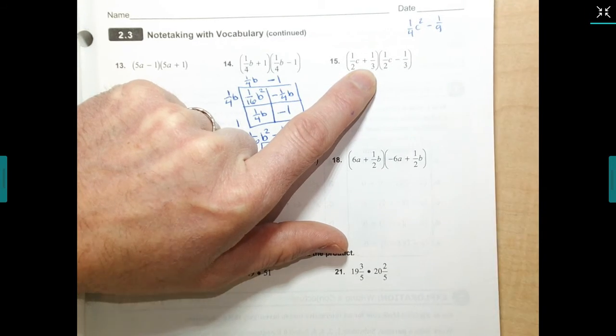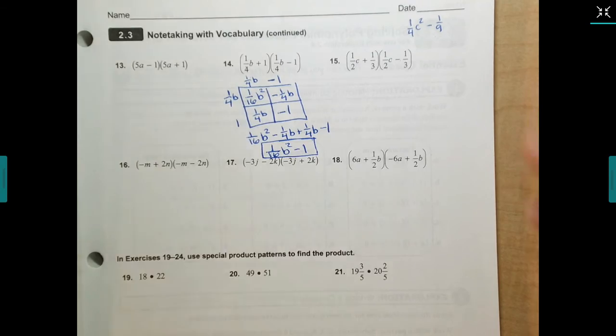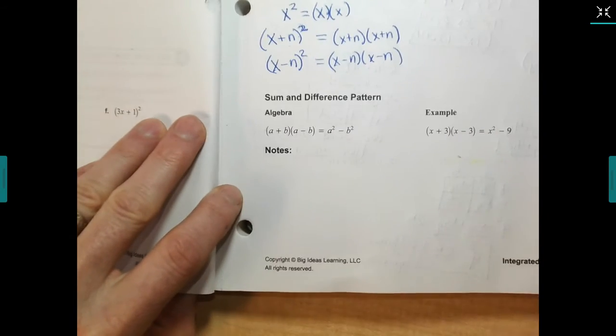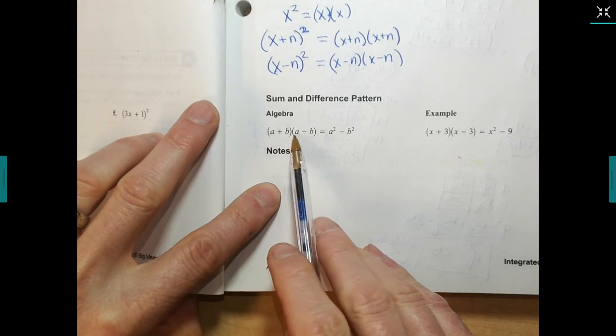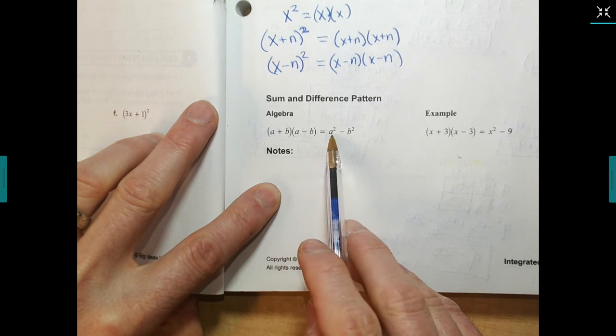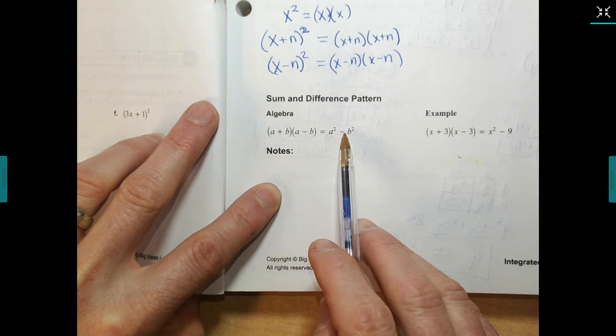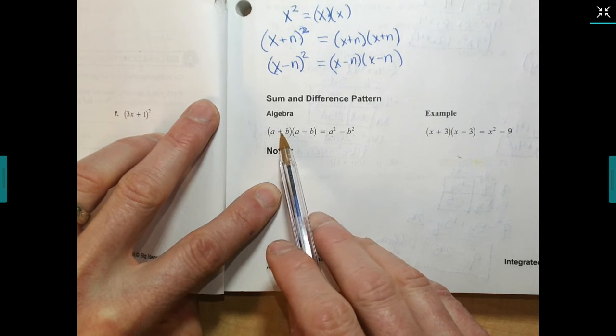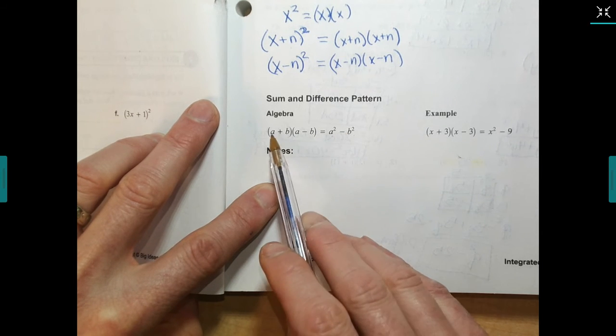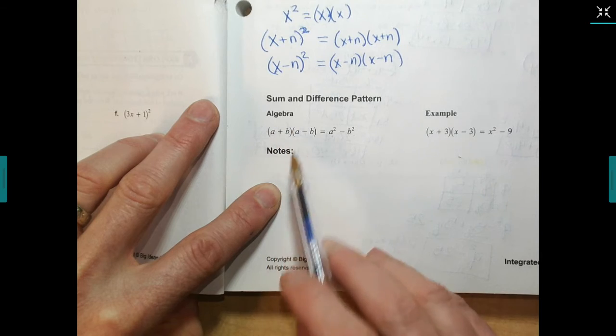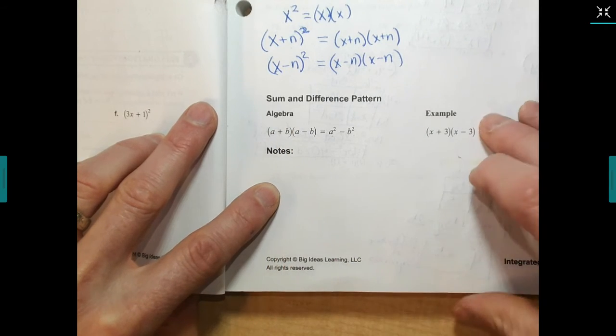That's what I think my answer is going to be based on this pattern right here that shows A plus B times A minus B equals A squared minus B squared. So that's how easy the pattern is? If I have A plus a number, A minus a number, all I have to do is do this squared minus this squared? Yes, that's exactly right.